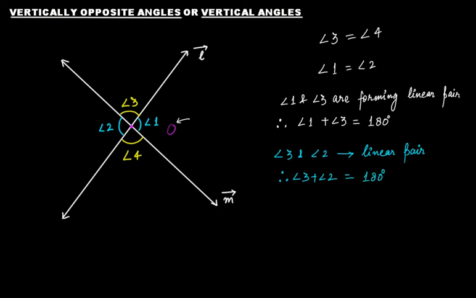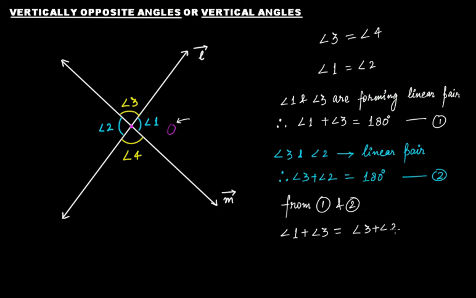So if this is our first equation and this is our second equation, from equations 1 and 2 we can say that angle 1 plus angle 3 is equal to angle 3 plus angle 2.